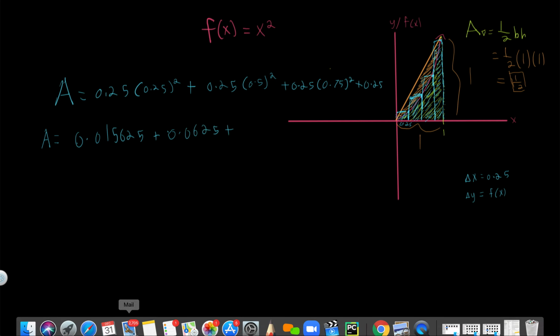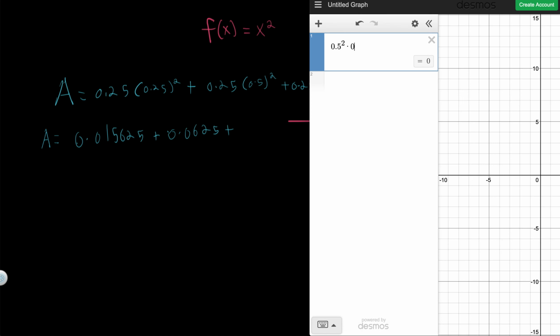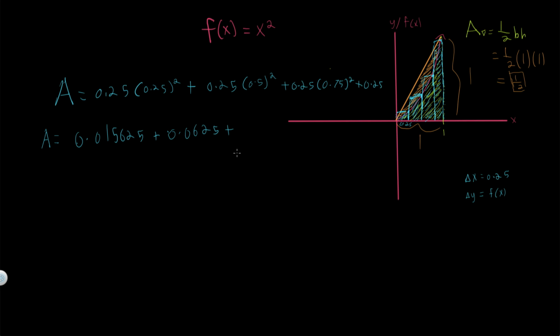Plus, almost done here, 0.75 squared times 0.25. We'll just estimate it to be 0.141. And then lastly we have 0.25.